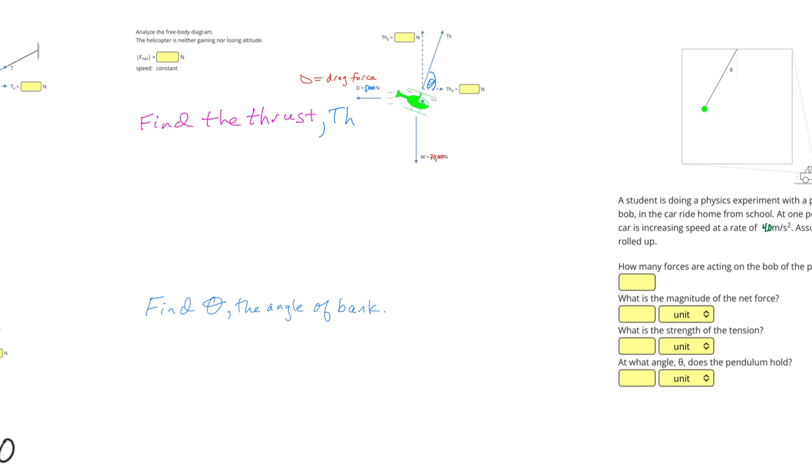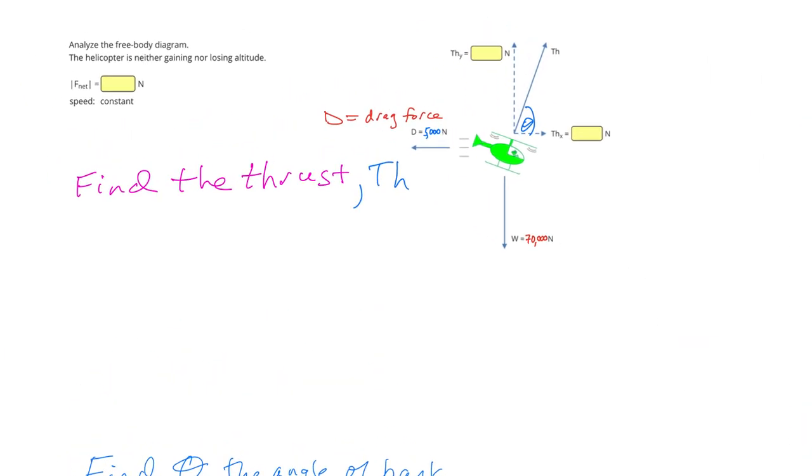Okay, here's a similar problem from positive physics. It says a helicopter. The helicopter is neither gaining nor losing altitude, so it's just basically in the y direction. The net force in the y direction will be 0. That means the thrust is provided by the rotors here, and so is straight up relative to the helicopter, but really it's slanted from our point of view.